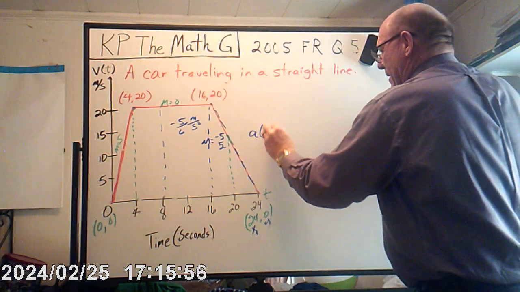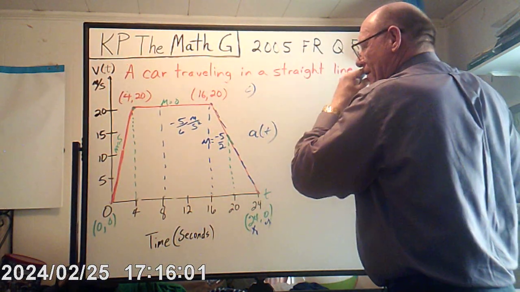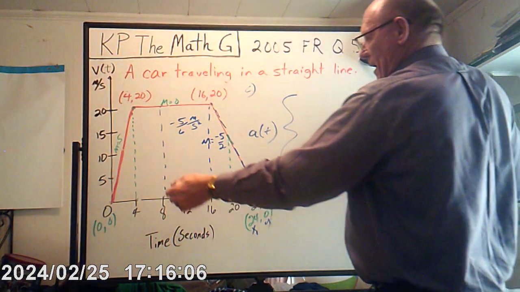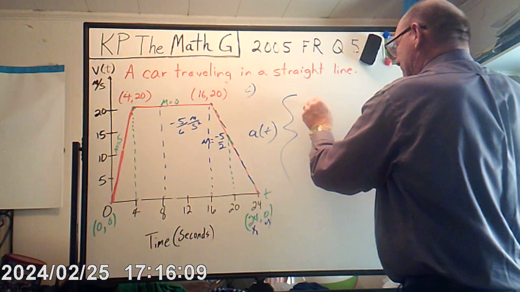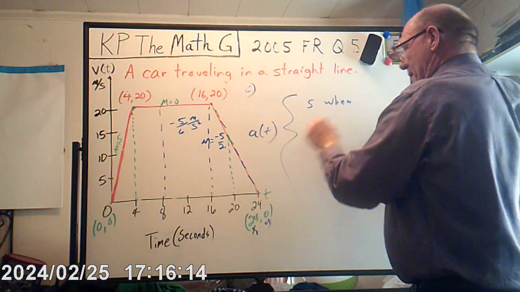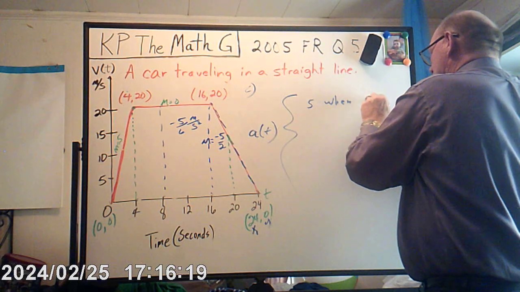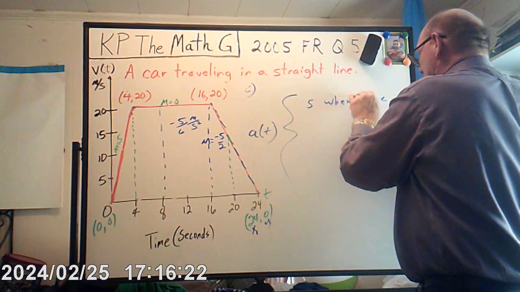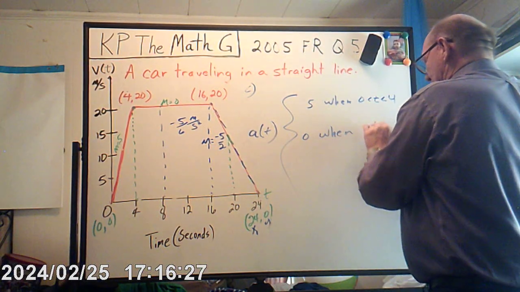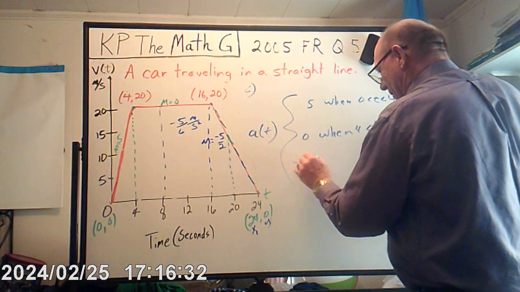But A at T is three things, because you got three separate lines, and this was part C, by the way. So it was equal to 5 when T is between 0 and 4. It's 0 when T is between 4 and 16, and it is -5/2 when T is between 16 and 24.